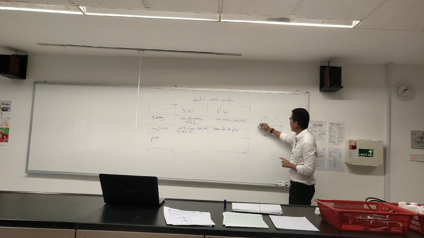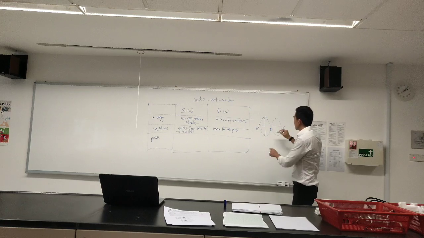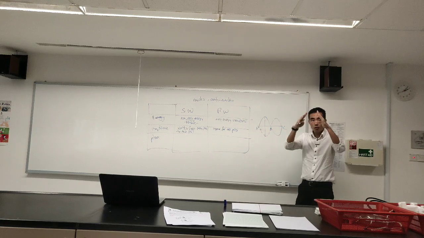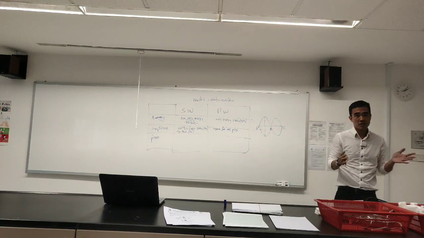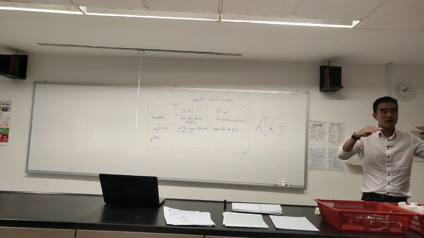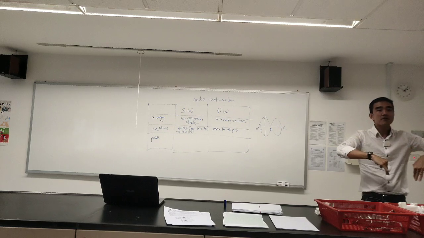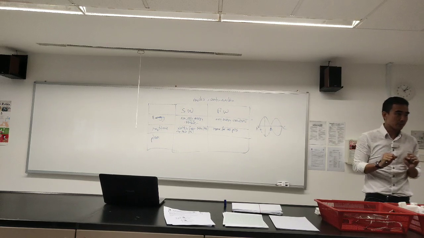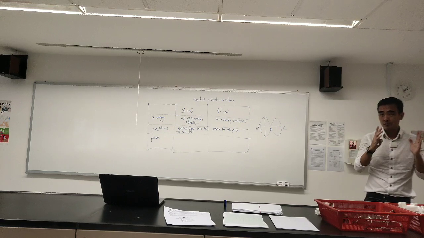So the particles between A and B, they are all in sync. They have different amplitudes, but when one point reaches the equilibrium position, all points reach equilibrium. And when one point reaches the negative maximum, all points reach the negative maximum. So they are in sync in terms of their movement.